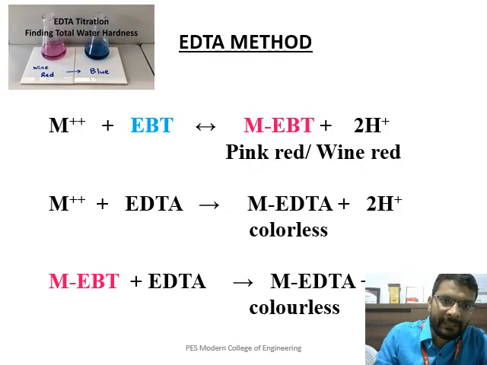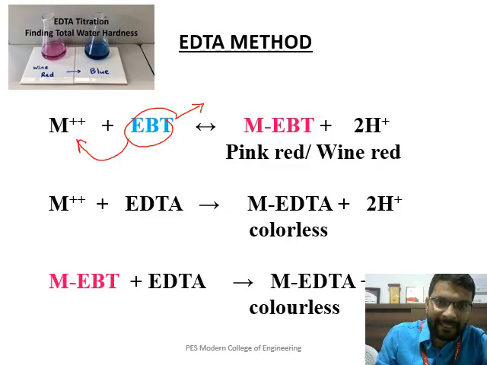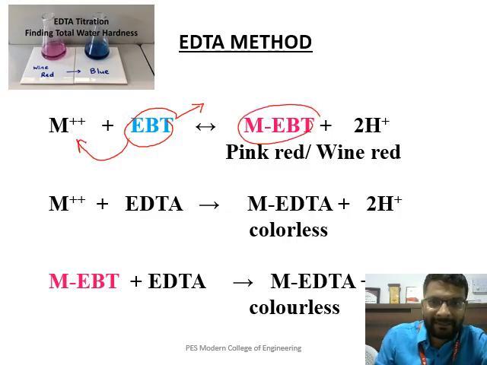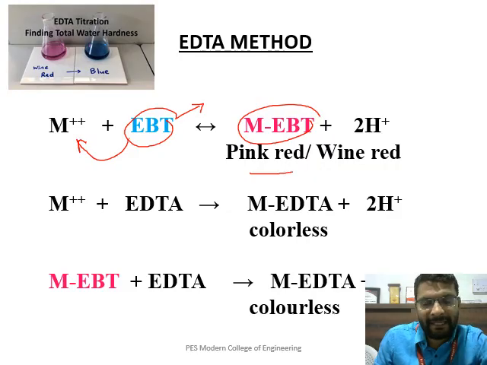In this experiment, we use EBT as an indicator. EBT is bluish in color. When EBT reacts with the metal, it forms a metal-EBT complex, which is pink-red in color.